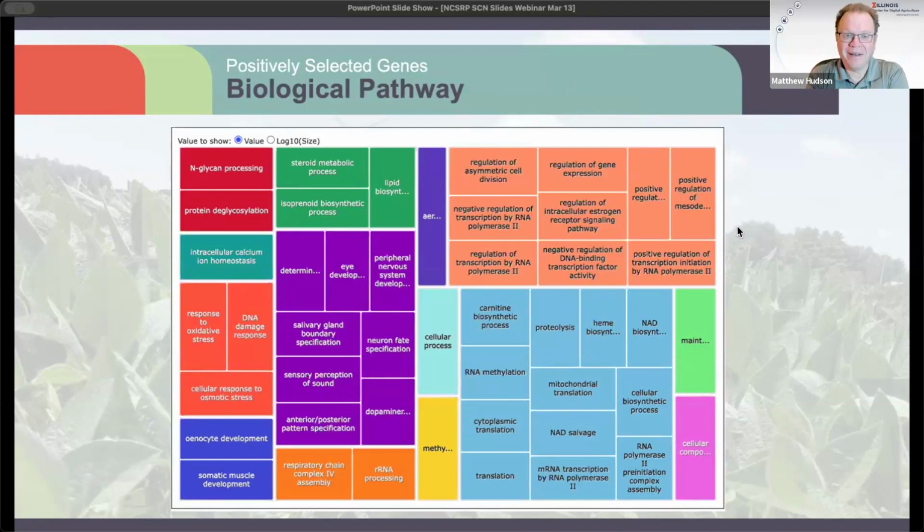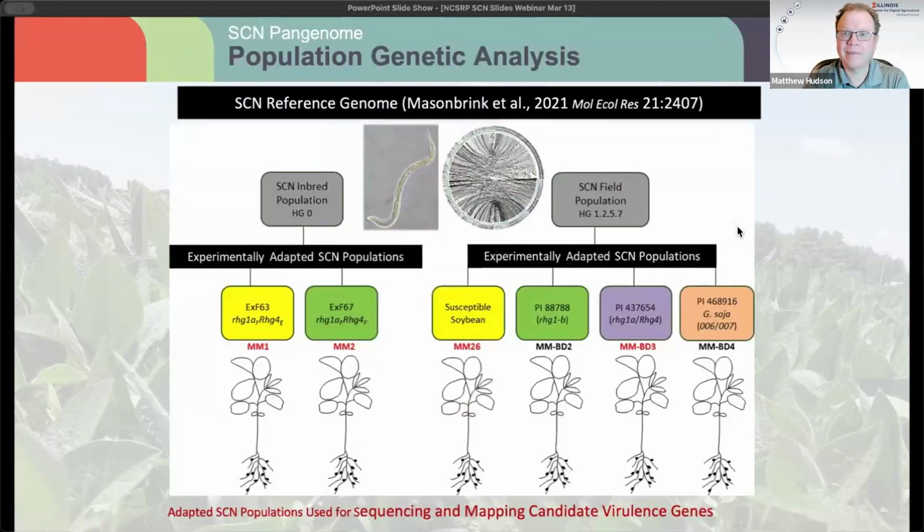And when I say a lot, all of these different biological processes seem to have genes that are changing between the HG types in them, even among those genes that are close enough between the HG types that we can actually compare them. So in other words, this turns out to be a lot more complicated than we originally thought, but there are still some clues coming out of this analysis that allow us to narrow this down to a few processes that are probably particularly important.